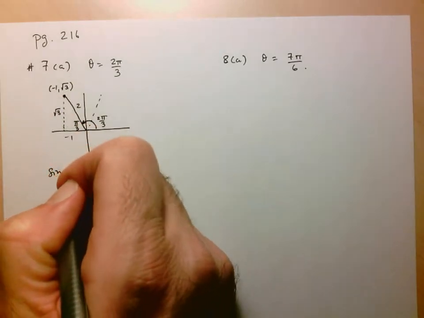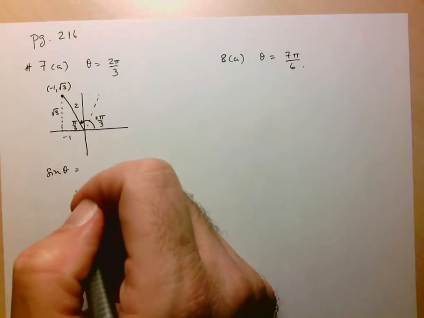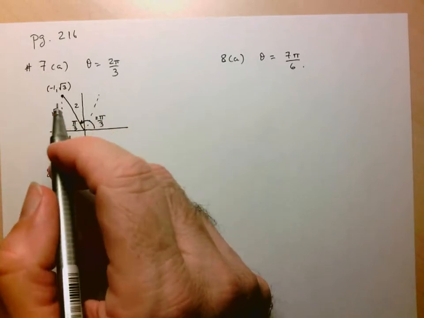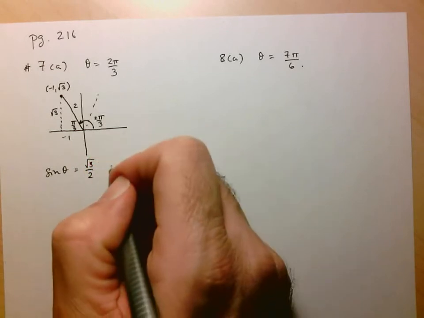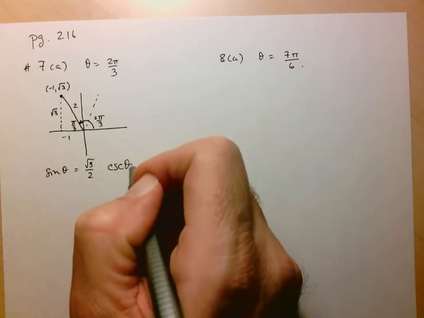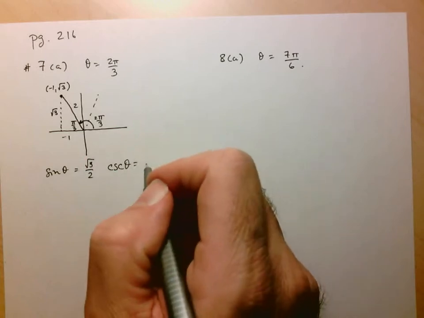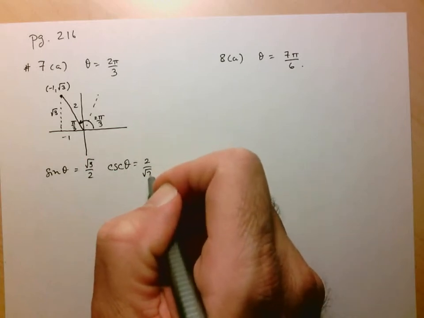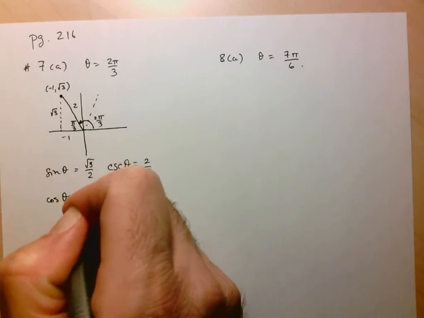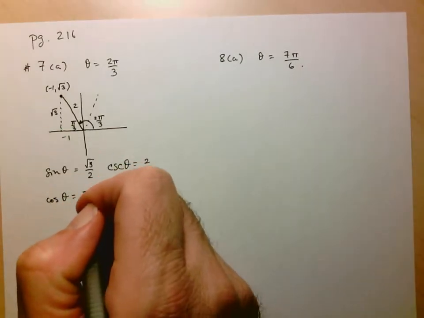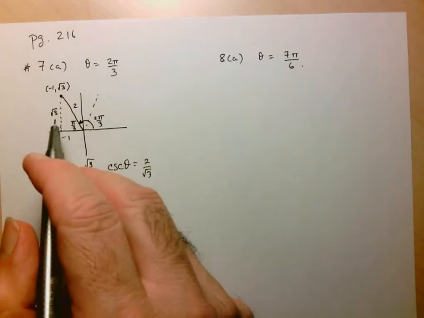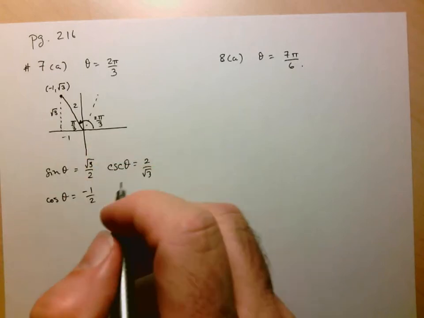So I've got sine of theta is equal to y over r, so root 3 over 2. While I'm at it, I might as well do cosecant of theta, which is just going to be the reciprocal, so 2 over root 3. Cosine of theta is x over r, so -1 over 2, and I confirm that it's in the second quadrant, so cosine should be negative there.